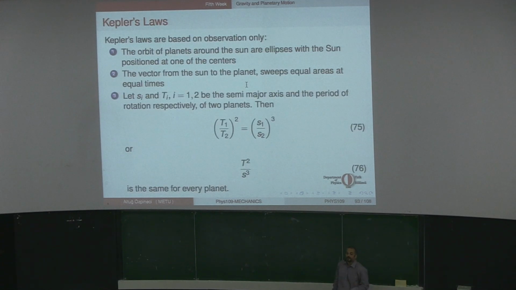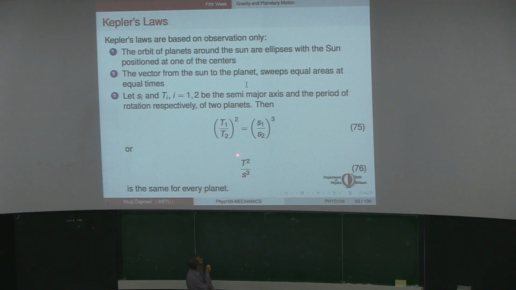And third, from all this data, the orbits and the positions of the planets as a function of time, you can measure its period, the time it takes to complete one full revolution. You know the average radius, let's say this is called the semi-major axis. So if you take 2 planets, the ratio of their periods squared and the ratio of their average distances from the sun are related by this.